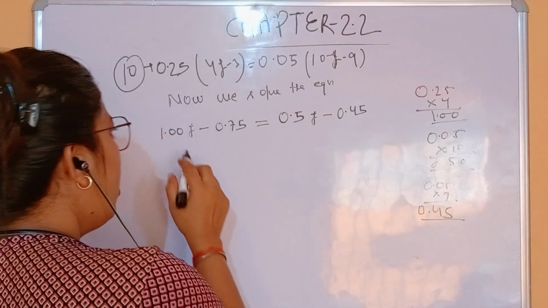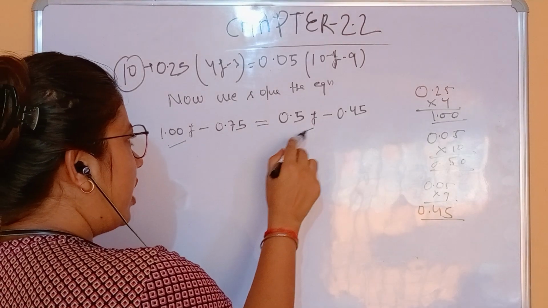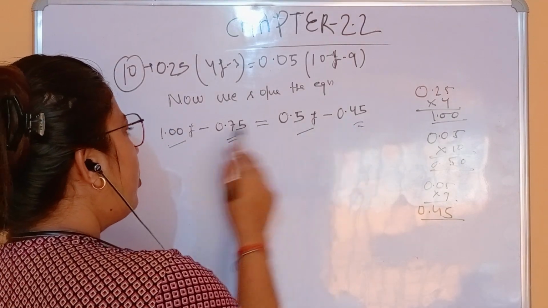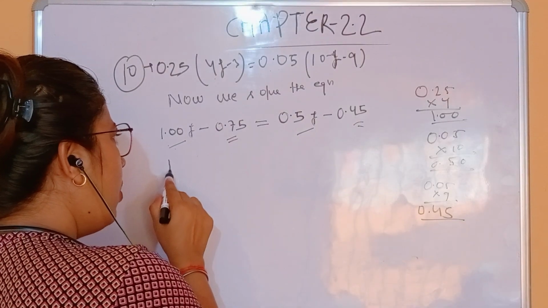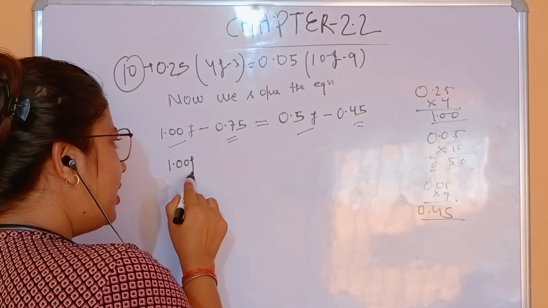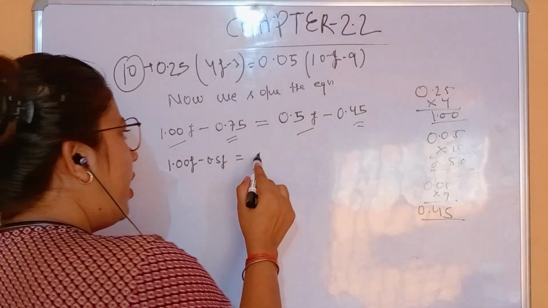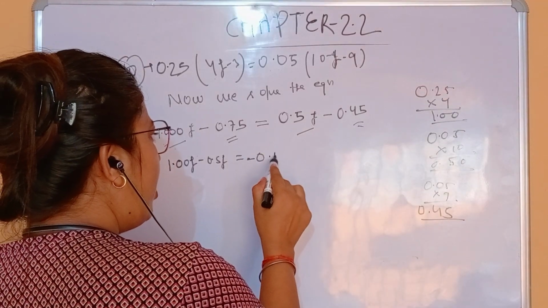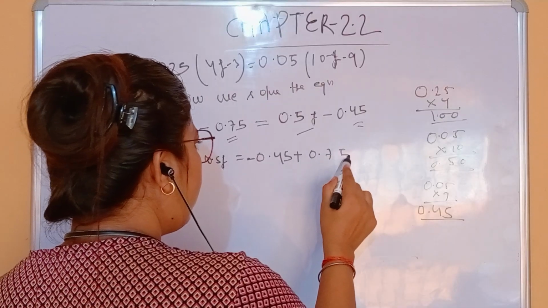Then we see which is the variable portion and which is the constant portion. Here are two variables, 1.00f and 0.5f, so take them to one side: 1.00f minus 0.5f equals minus 0.45 plus 0.75.